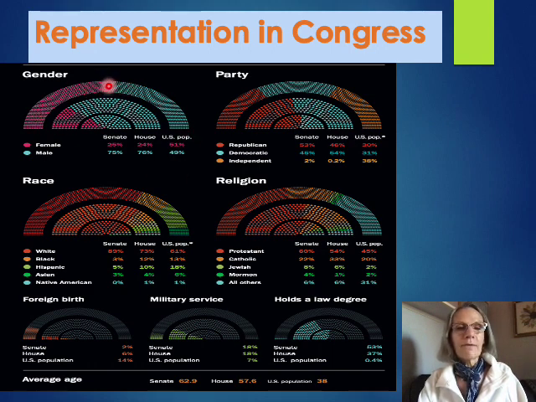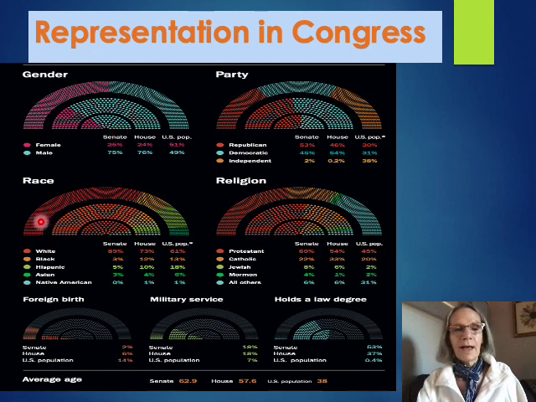About 51% of the U.S. population is women, and 49% is men. But then this is the House and the Senate, and a little bit more than a quarter of the House is women and a little bit more than a quarter of the Senate. So that's a pretty big gap in terms of gender representation.